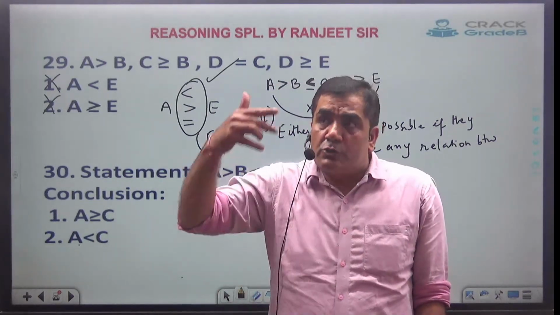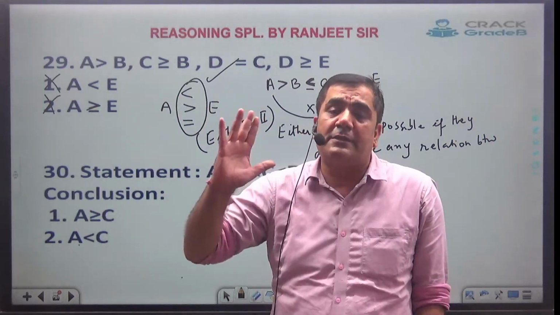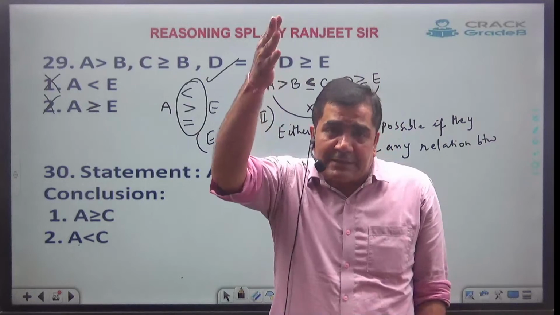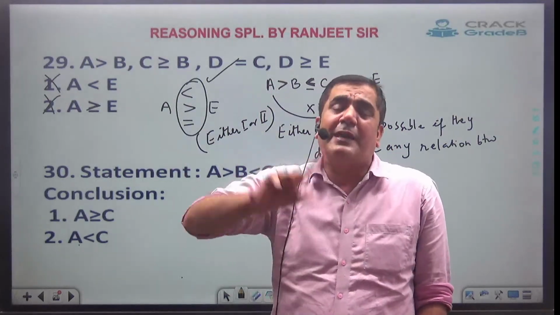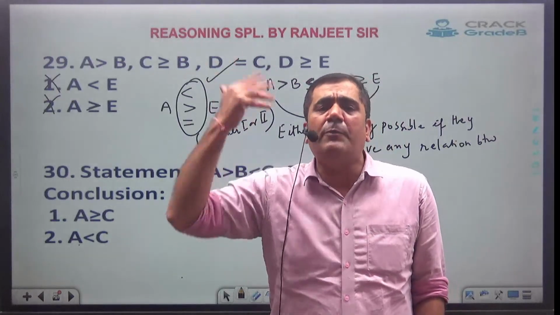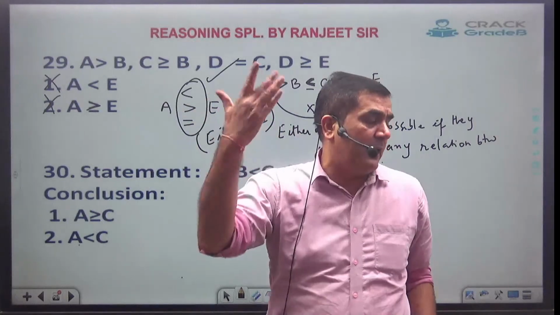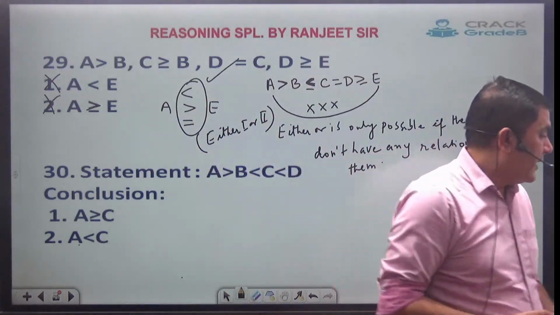Case number two, Suresh is elder than me. Third case, both will be of equal age. These three can be possible only if you don't have any relation. If you have the relation, then all the three can't be possible. Understood, dear?